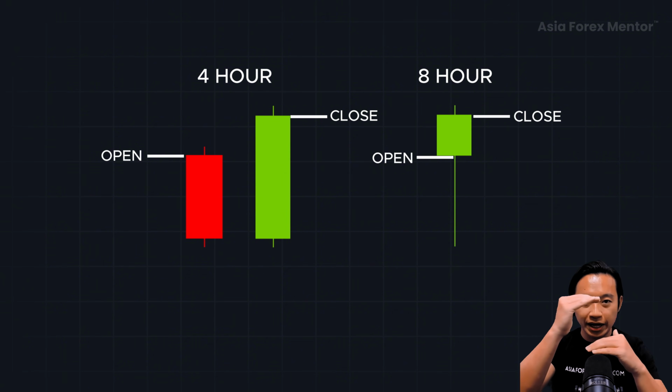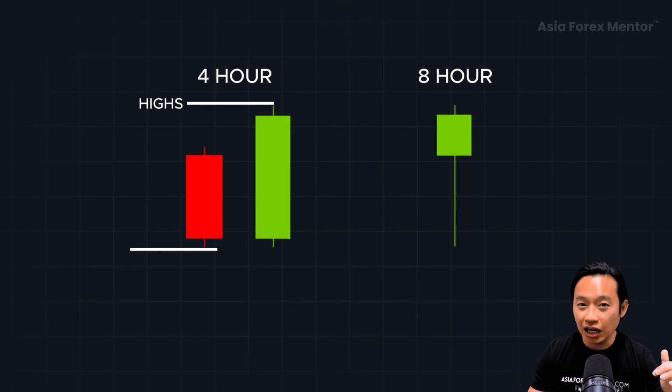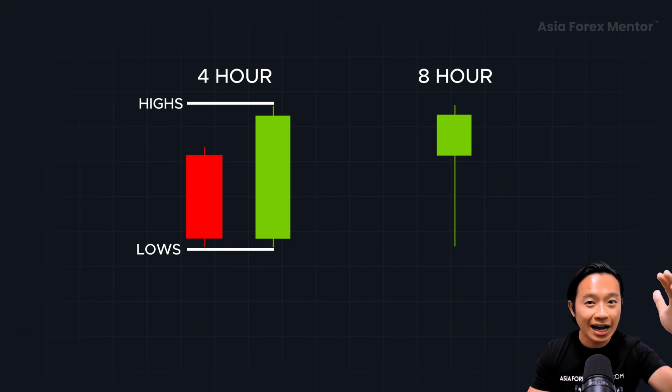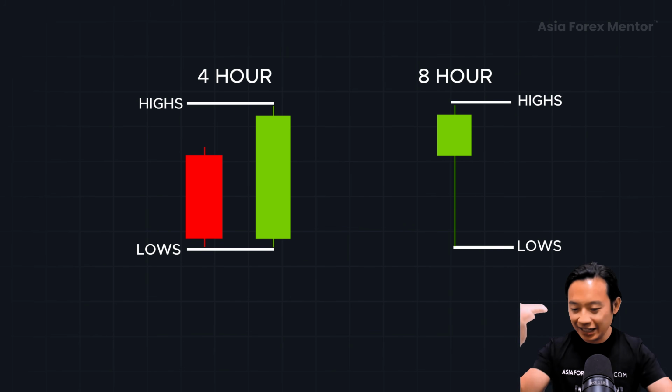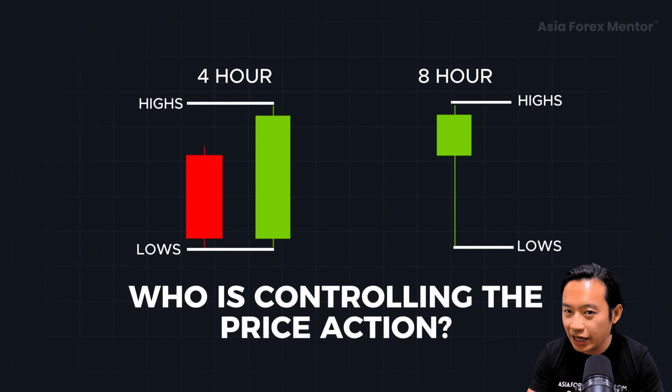In other words, the highs and the lows within these two time frames correspond to the highs and the lows of the candle on the higher time frame, marking the range. So this will give you insights into the market dynamics of who is controlling the price action.